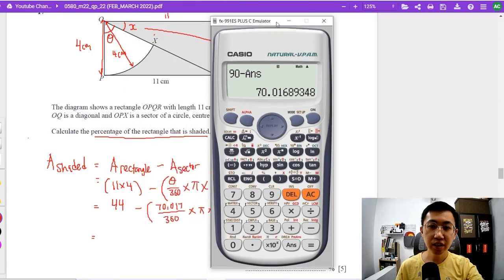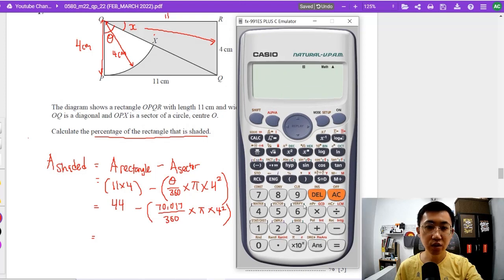It's kind of complex, so you have to use your calculator slowly. 70.017 divided by 360 times pi, times 4 squared. So we found our area of sector. Don't forget to take 44 minus the answer. So we found our area of shaded region to be 34.224.